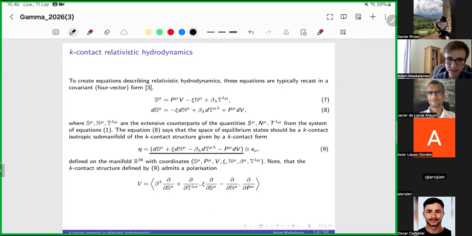What is really different from my original set of equations is that in order to fit those equations in the k-contact setting, I had to add one variable, v, that might be interpreted physically as a volume of the system. So I now use some extensive variables instead of intensive variables.